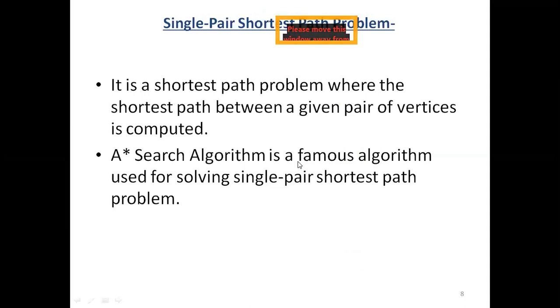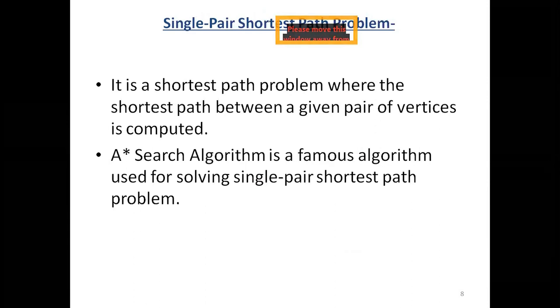So, a single pair shortest path problem. It is a shortest path problem where the shortest path between a given pair of vertices is computed. That is why we say single pair: a pair of vertices, or a pair of cities, is given, and the shortest path we need to find.